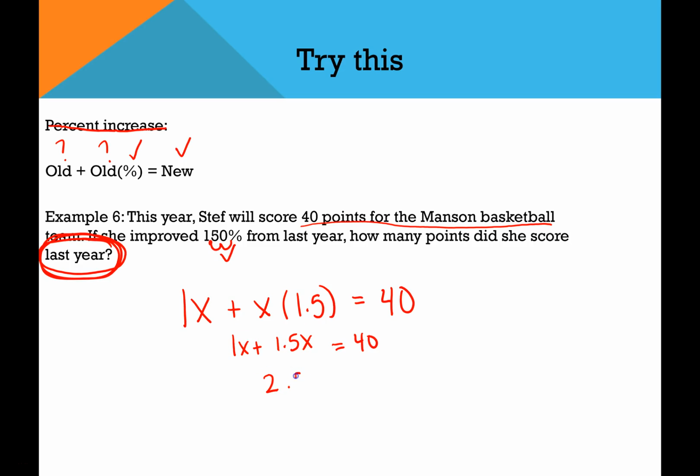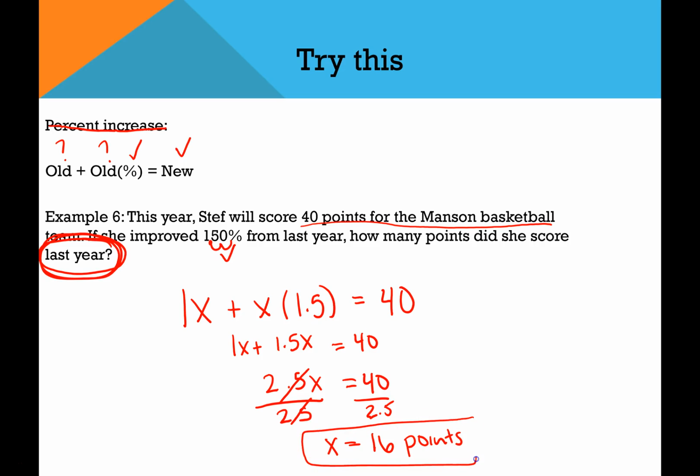This gives me 2.5x equals 40. Divide by 2.5. The 2.5's cancel, and I'm left with x equals 40 divided by 2.5. And it looks like 16. So she only scored 16 points for the basketball team the previous year.